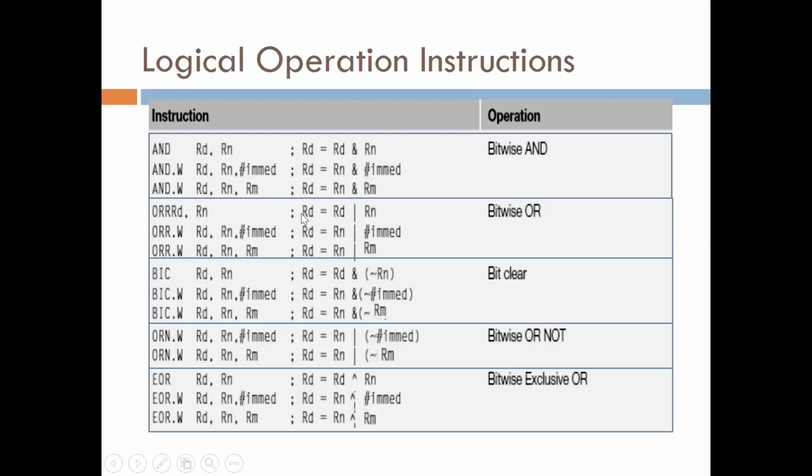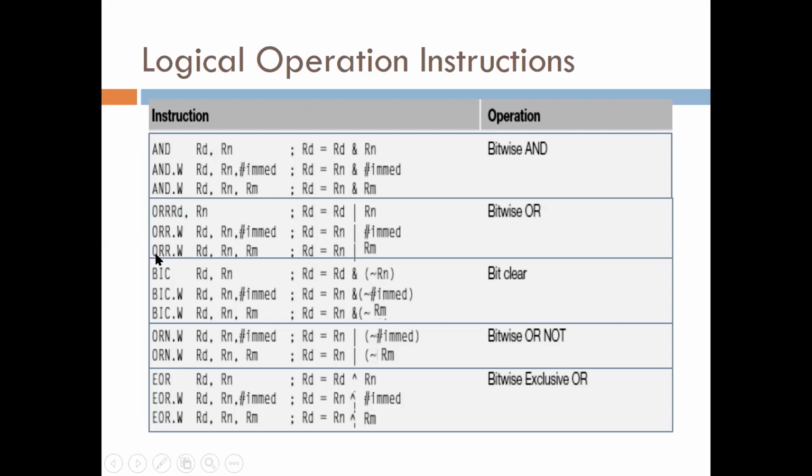Result will be stored in Rd. Similarly, we have the next two instructions. The next instruction will be given with the immediate data along with three different fields, Rd, Rn, immediate data. So register content Rn will be bitwise ORed with the immediate data. Result will be stored in Rd.